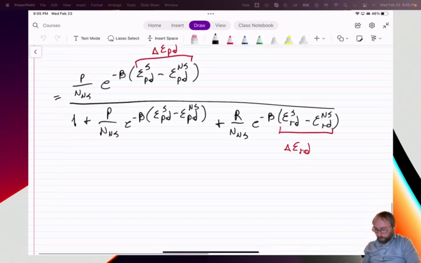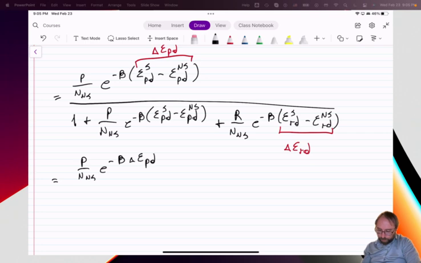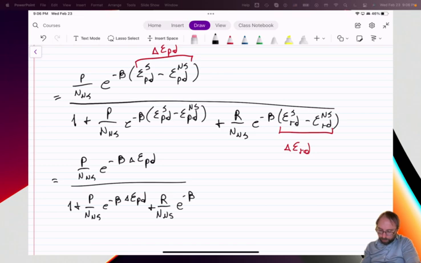Okay, so in short form, this can be written then as P over NNS e to the minus beta delta epsilon PD divided by 1 plus P over NNS e to the minus beta delta epsilon PD plus R over NNS e to the minus beta delta epsilon RD.